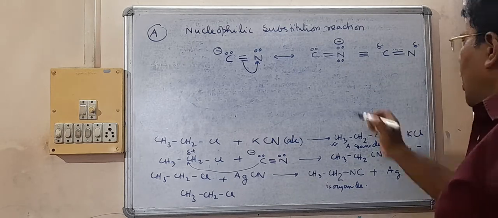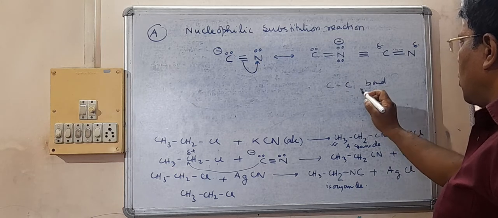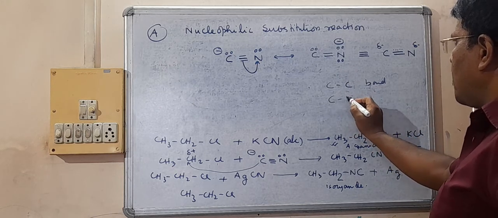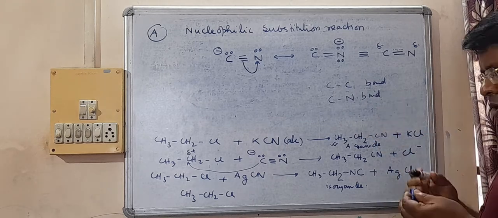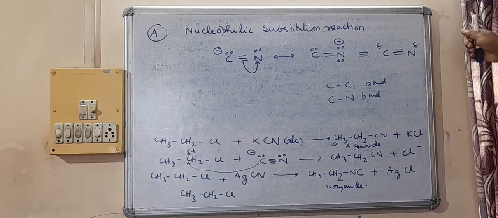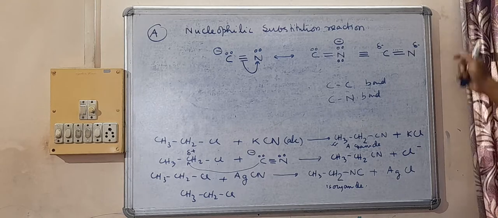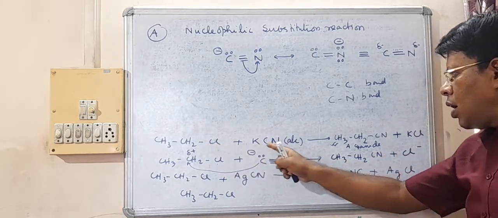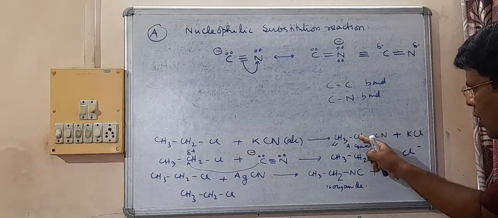Because the carbon-carbon bond is stronger than the carbon-nitrogen bond. This you should remember, and that is the reason why here we get cyanide having the carbon-carbon bond.